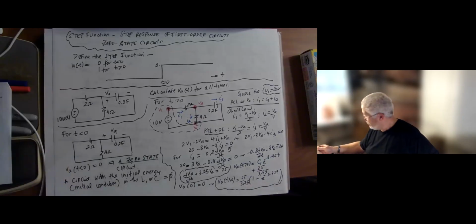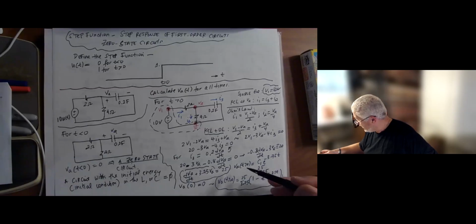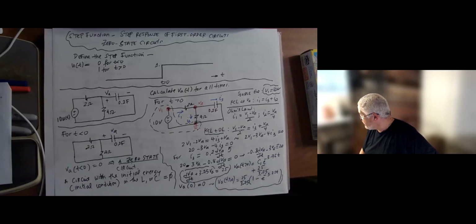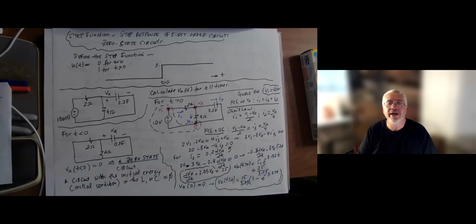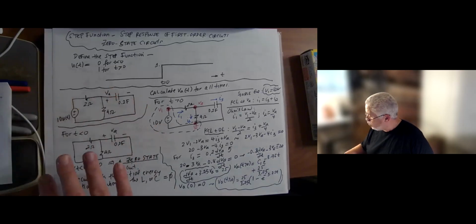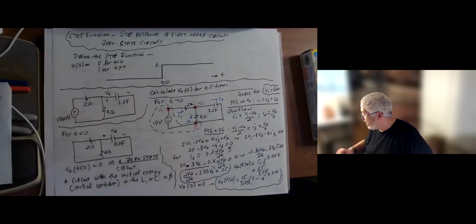So that's the solution here. When we enforce VA at 0 is 0, we get C1 equal to minus that constant, so we can factor that. This gives you an idea. We're going to do some more examples based on this, but this gives you an idea of the kind of problem we can solve with step functions that operate like a switch. They function just about the same way.